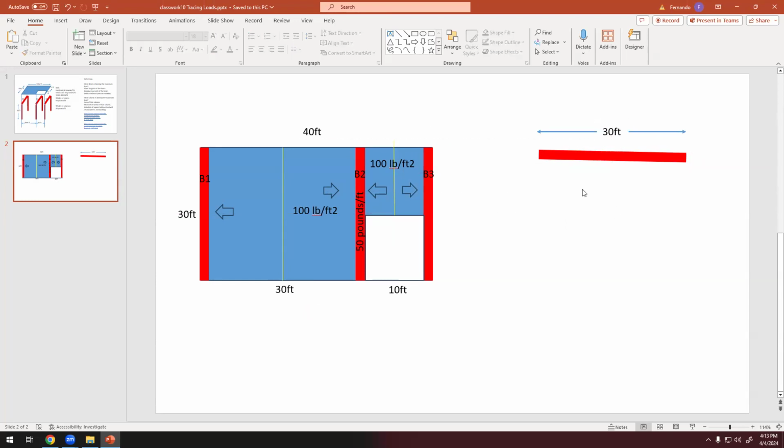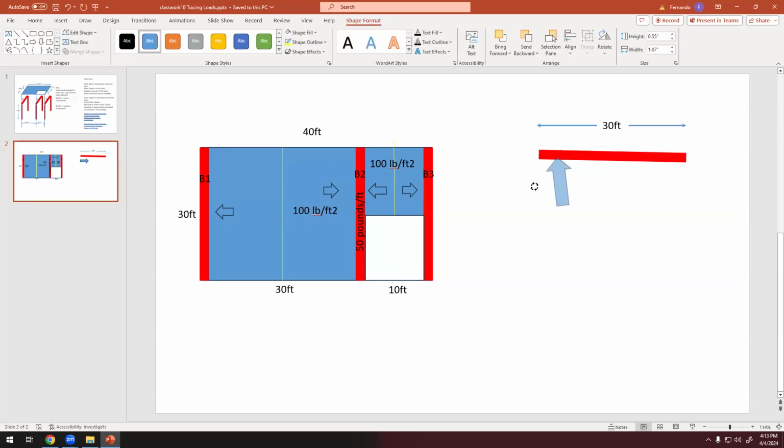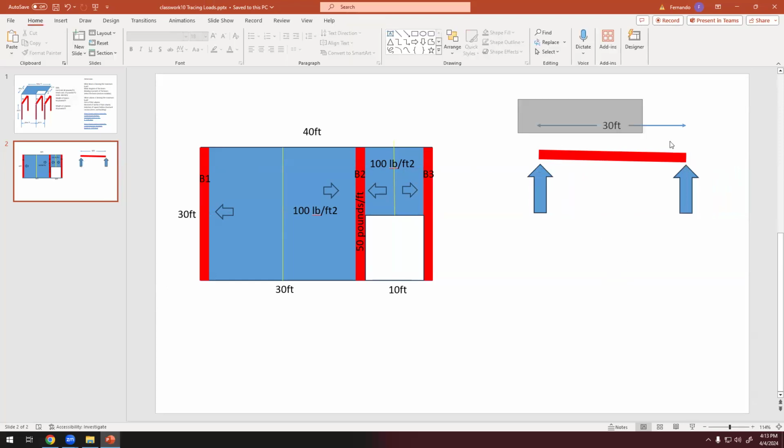Okay, so that's the length of the beam. And we're going to have columns. So what is a column? A column is a reaction. So we have a reaction here, and then we have another reaction there. So that's the geometry of the beam. The span is 30 feet from this point to that point.